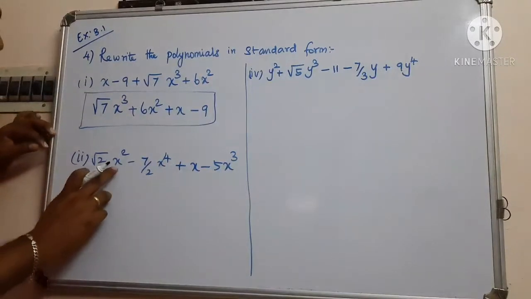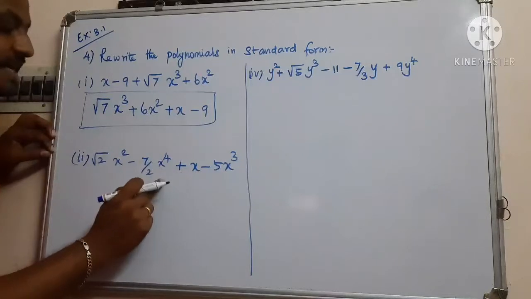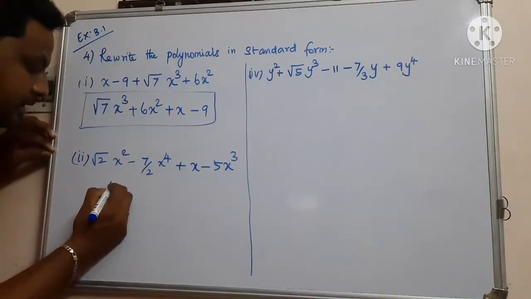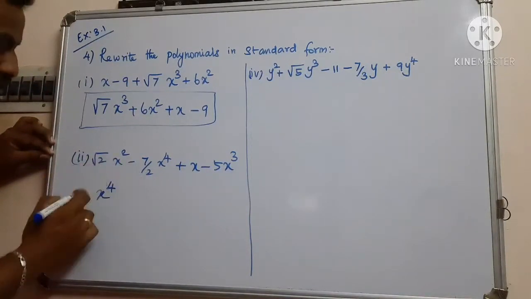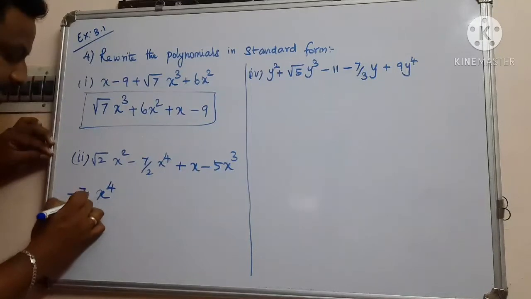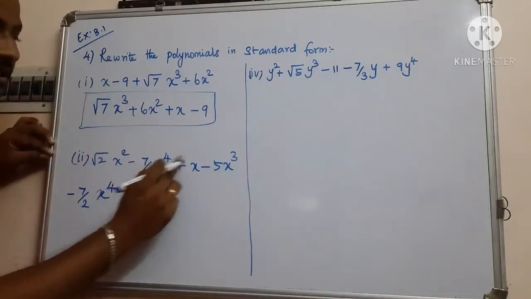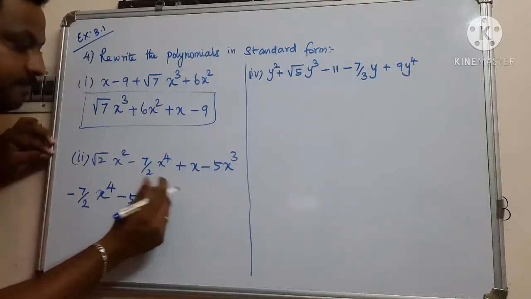For the second question, we have x square, x power 4, x power 3. The highest power is x power 4, so you write x power 4 as the first term. Its coefficient is minus 7 by 2, so minus 7 by 2 x power 4. The next lower term is x power 3, that is minus 5 x power 3.